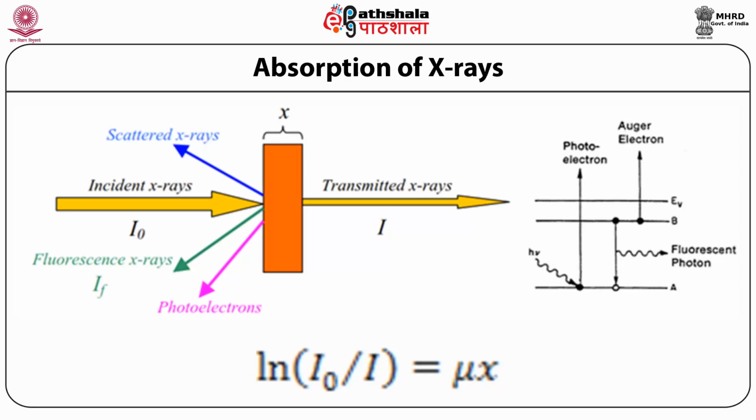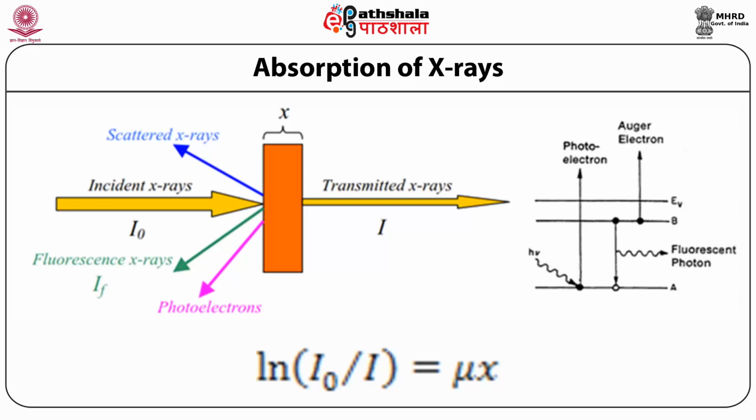So here it is assumed that this x is the thickness of an infinite slab, and there comes this exponential relation. So basically the idea is that from this equation we can find the linear absorption coefficient if we know the thickness of the specimen, the incident intensity, and the intensity after absorption.